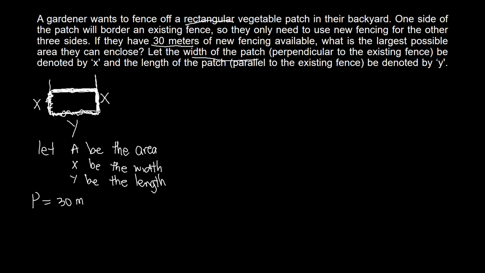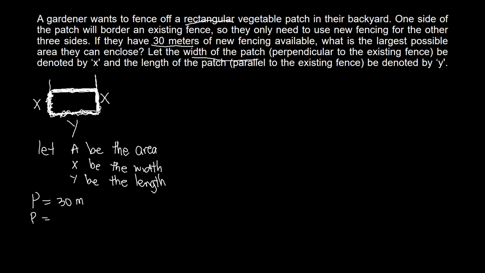And of course, since we have the perimeter, the perimeter formula for a rectangular field or patch is 2x plus 2y. But if you look at this, we are trying to fence this side here, the x, the y, and the x.